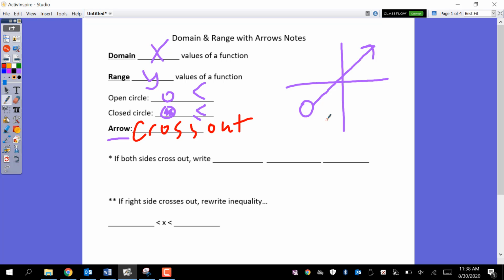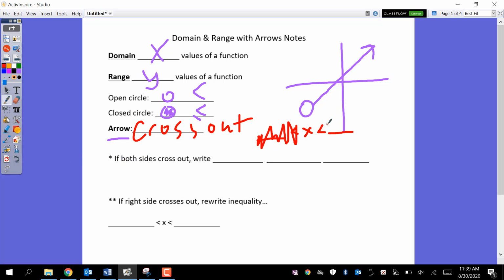So when we're doing domain and range, instead of changing the symbol, you're just going to cross the whole thing out, because that means it keeps going. It doesn't actually stop there just because they stopped drawing the line. So you cross out if there's an arrow.